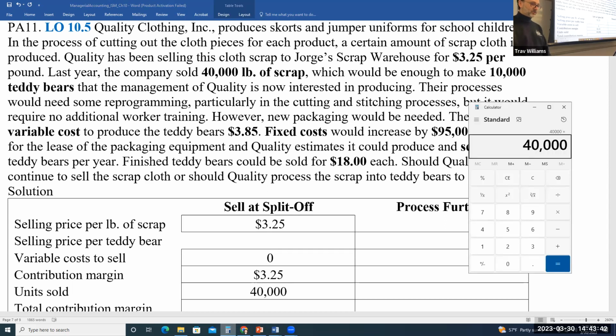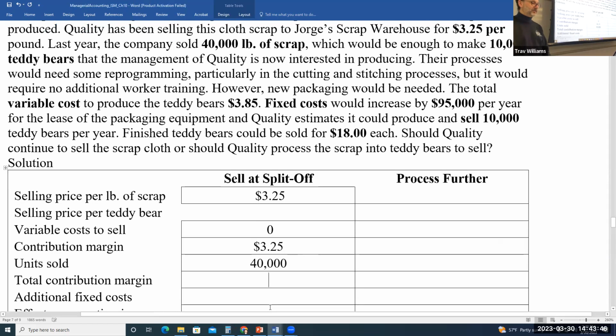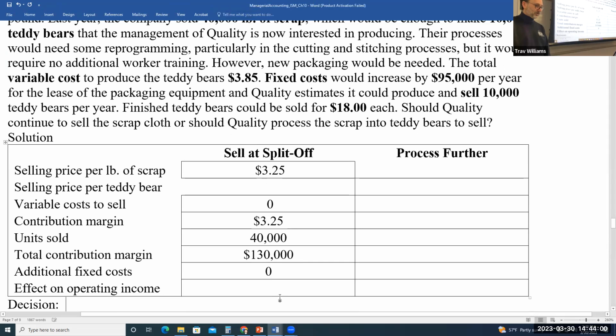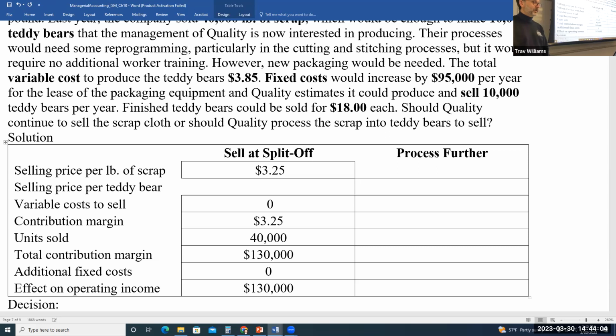And get our total contribution margin of $130,000. Would we have any additional fixed costs if we sell the scrap? No. So basically, we would increase our net income by $130,000 if we sell the scrap.